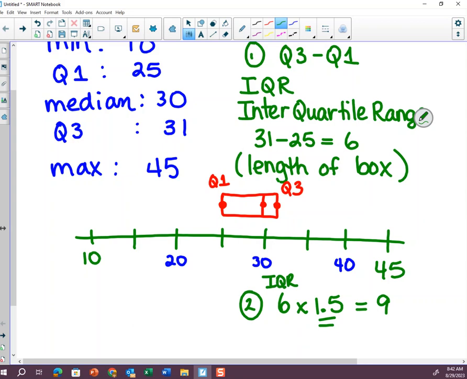And so here's what that means. If I'm more than 9 units away from the end of the box, I'm an outlier. Anything that's 9 units away from either end is too far away from the box to be considered normal. We would like to calculate those boundaries.